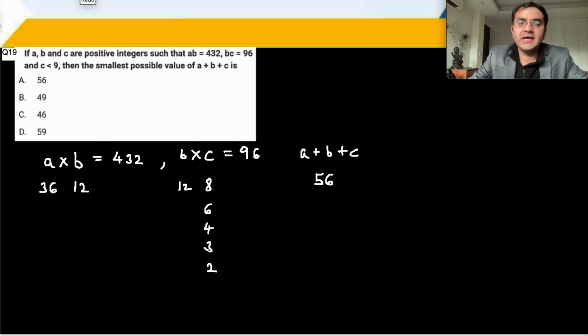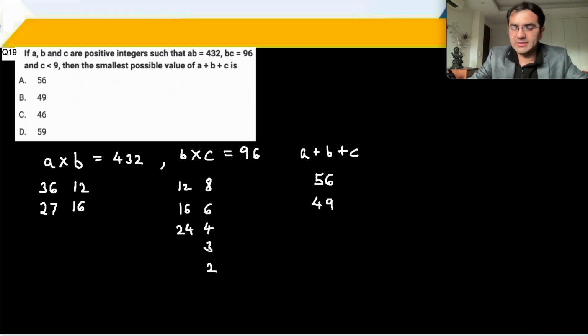C is 6. 96 upon 6 gives 16. B is 16. 432 upon 16 is 27. 27 plus 16 plus 6 is 49, which is now a smaller option. There's no major logic connecting these values. Just do your hit and trial and you are done. I'm still not sure whether I have a better answer.